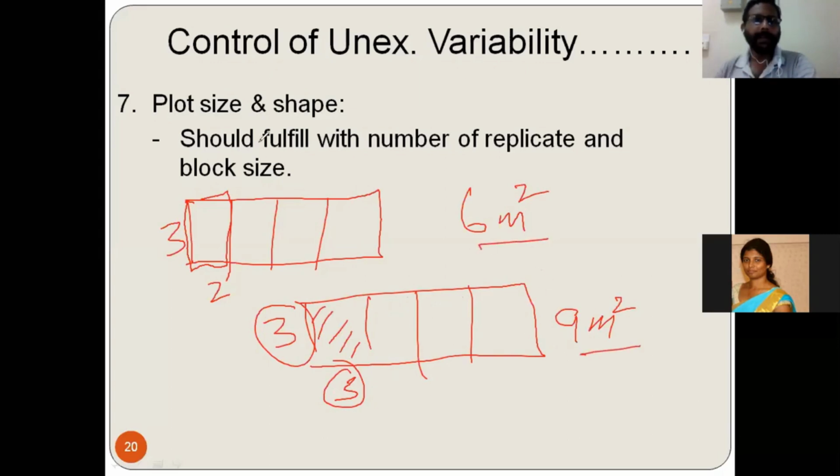So what do you think about the plot size? It is increasing. If you increase the plot size, how many plants can we plant here? 33. And what about here?